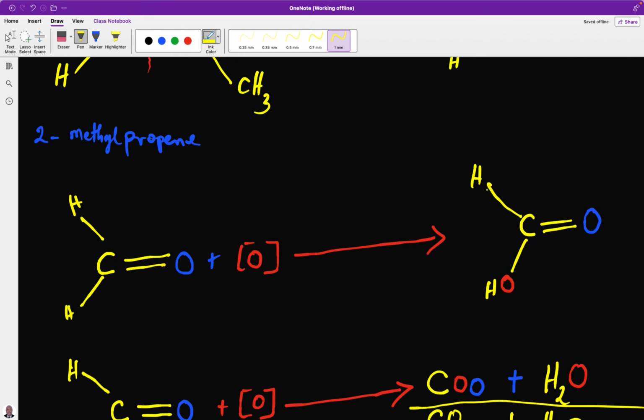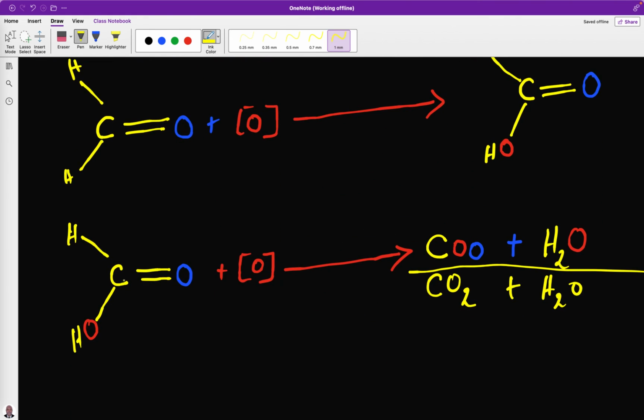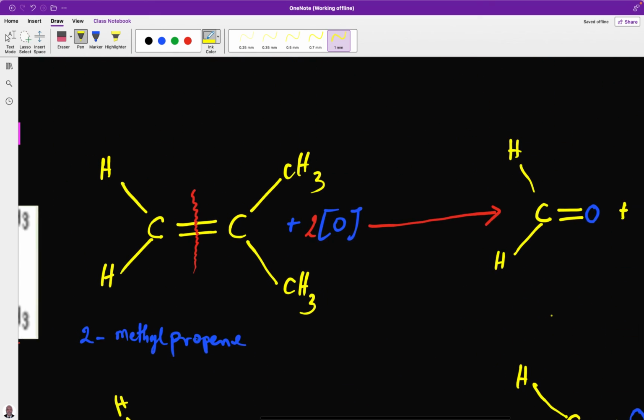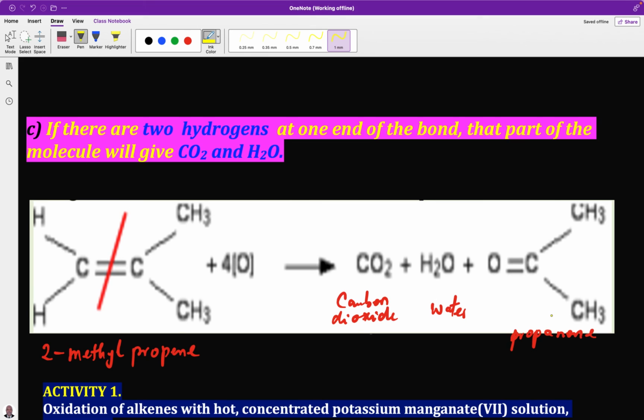Because of the presence of another hydrogen here, it will undergo oxidation again, and the final oxidation will result in carbon dioxide and water. We therefore go back to say, where there are two hydrogen atoms on one side of the bond, that side will give us carbon dioxide and water, with a molecule of propanone left.